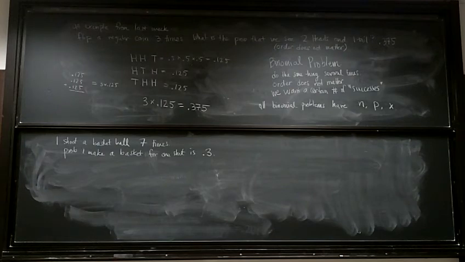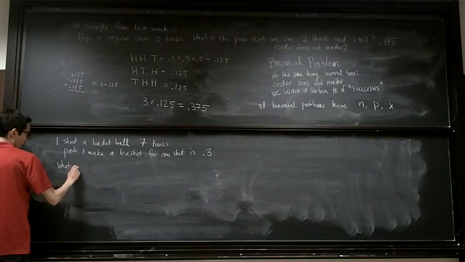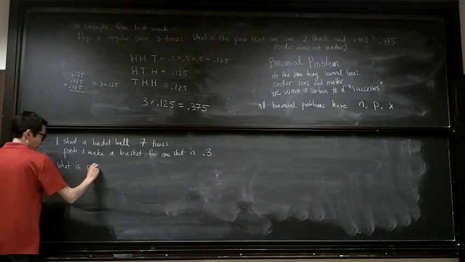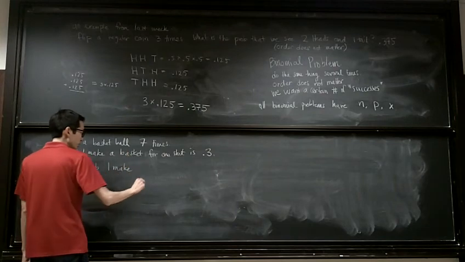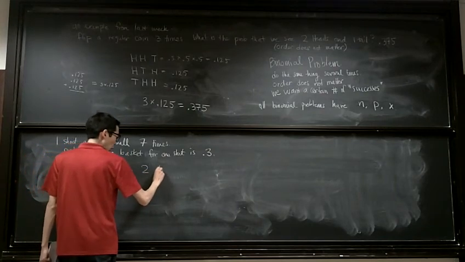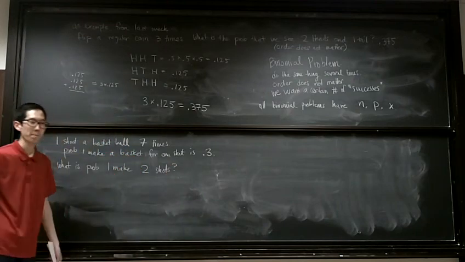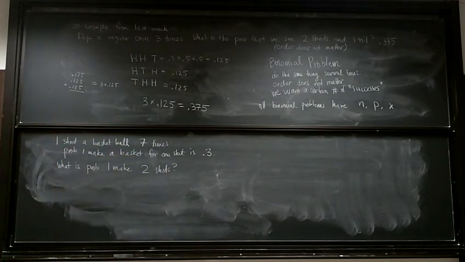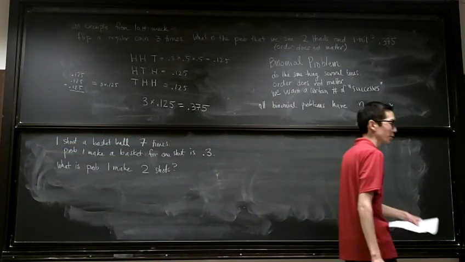What is the probability I make 2 shots out of 7? If I shoot the basketball 7 times, what's the probability I make 2 of those shots?